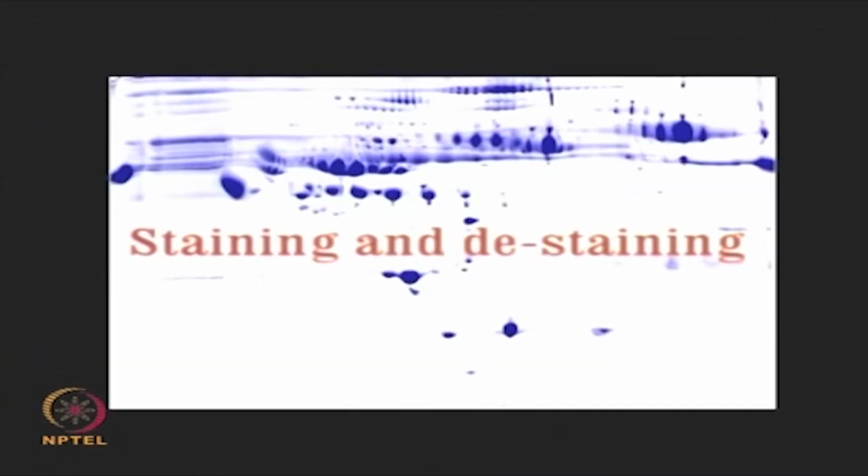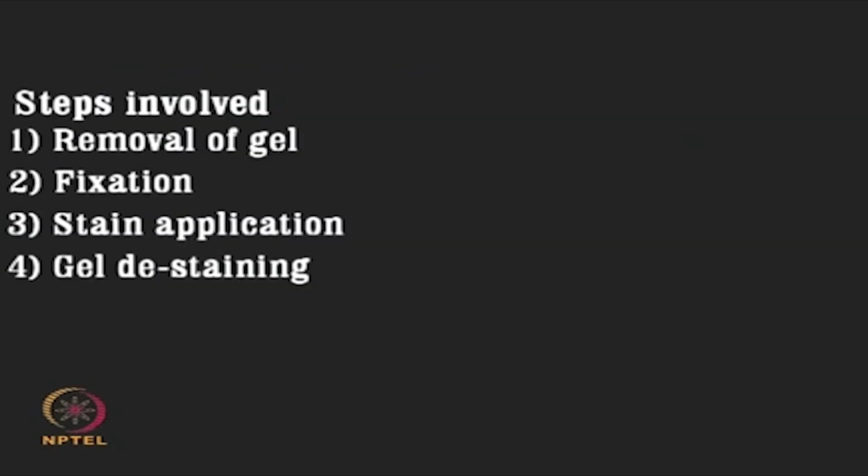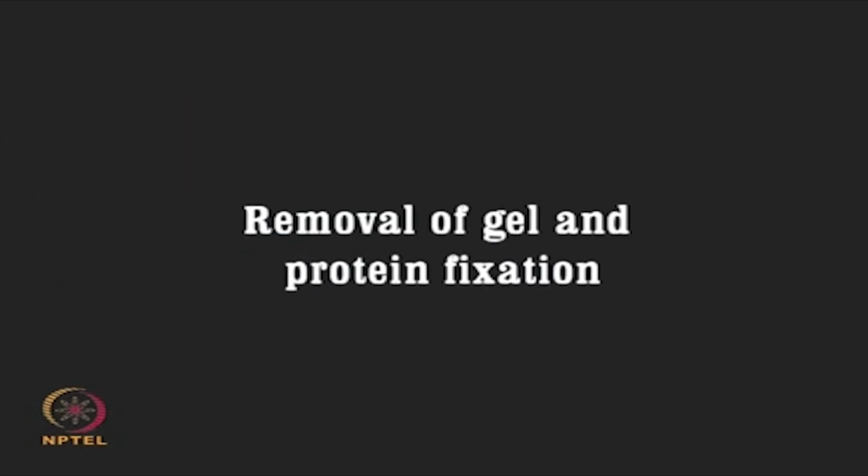Gel staining and destaining. This process involves removal of the gel from the electrophoresis assembly, followed by treatment with a fixing solution, staining solution, and finally the destaining solution. Gel removal and protein fixation.